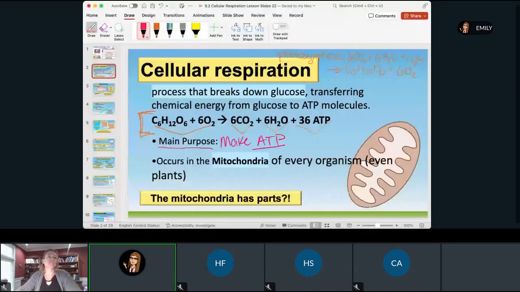We start with our glucose, break it down, and turn it into ATP, which we can use as energy. Our cells use that to carry out every other function that requires energy. It can be used for things like active transport, helping to make proteins, and so many other things. Are you with me so far?